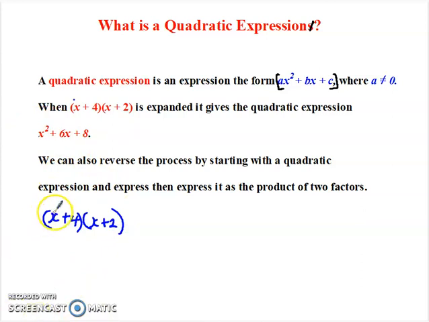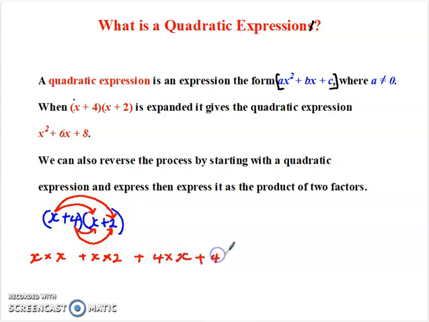And if we should apply the expansion here, right, let me just give you a little illustration so you can know what is happening. So we multiply each term in each bracket by every term in the other bracket. So x times x plus x times 2, so that covers the x, plus 4 times x plus 4 times 2.